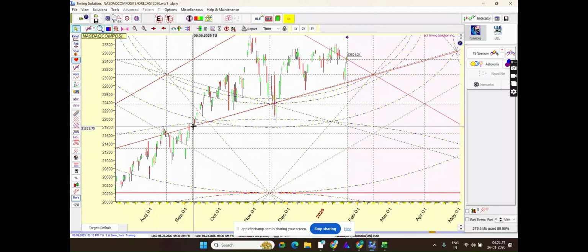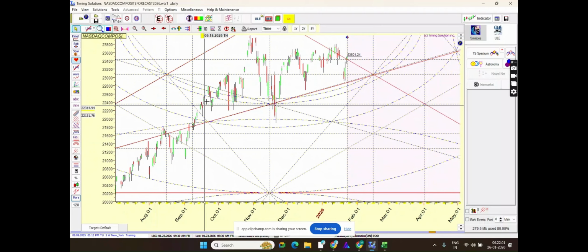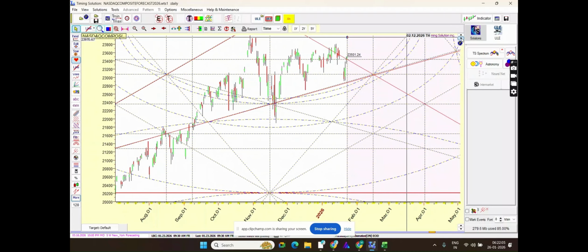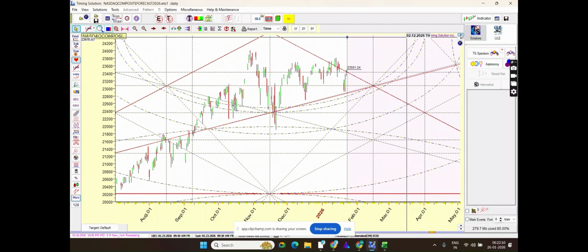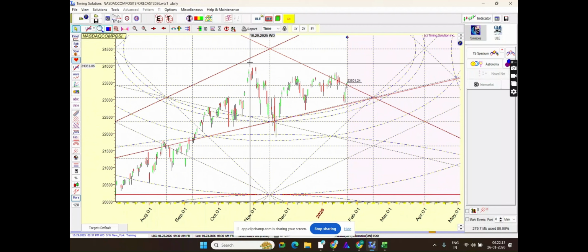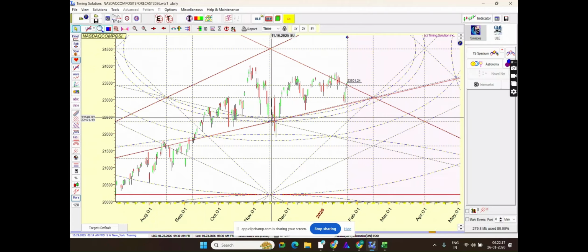Again there was a small overthrow on this angle on the downside, and then we went to the next angle. So we could not hit this angle, we stopped in between, and then we retraced back and took support on this angle.